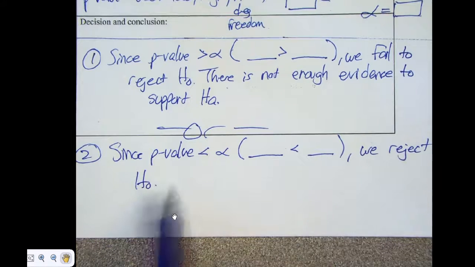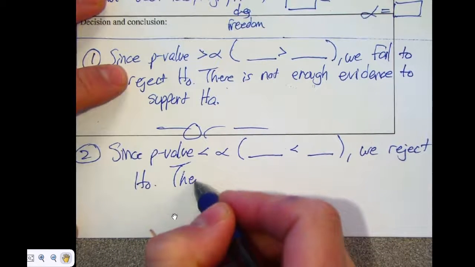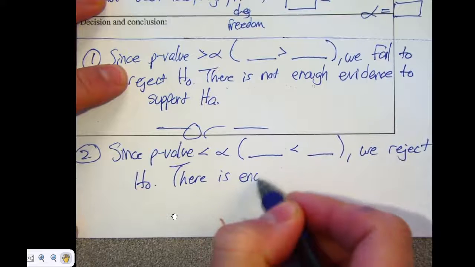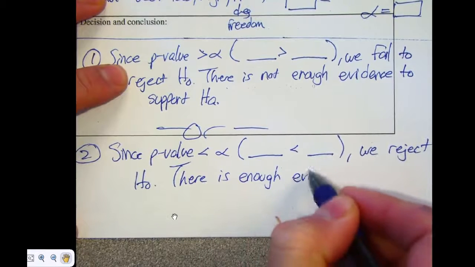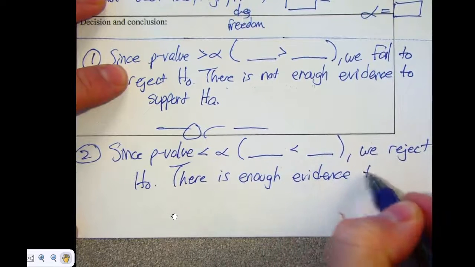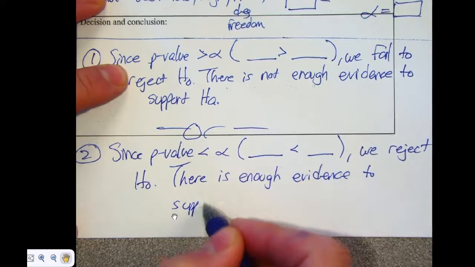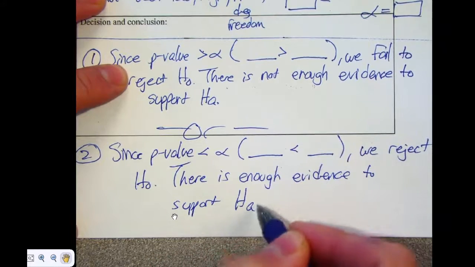Since p-value is less than alpha, we reject H0, and now we would say there is enough evidence to support HA.